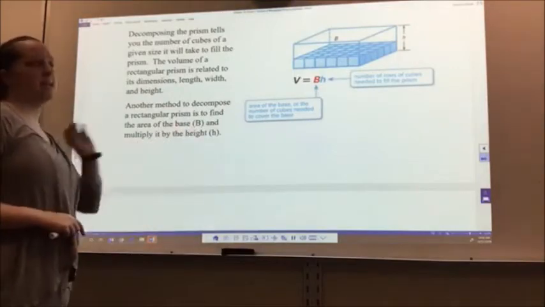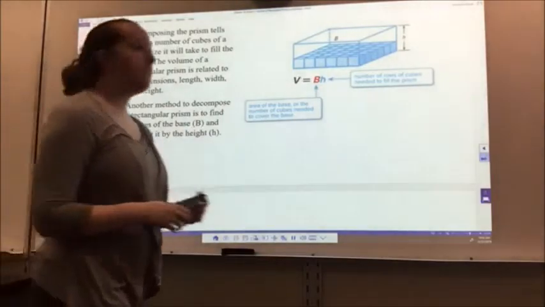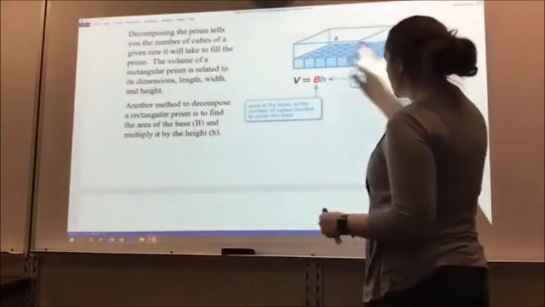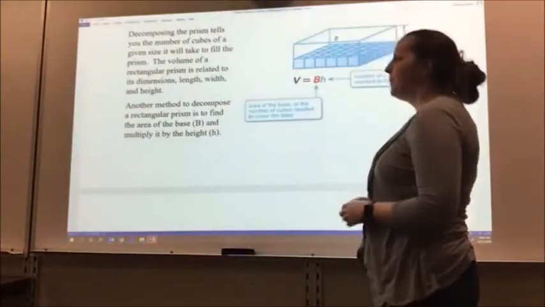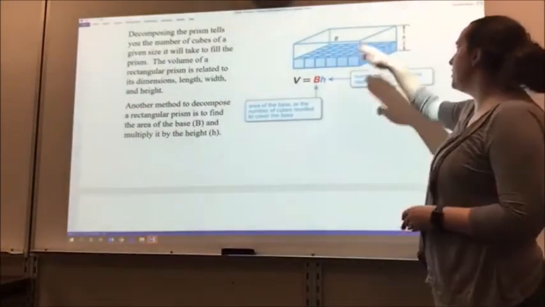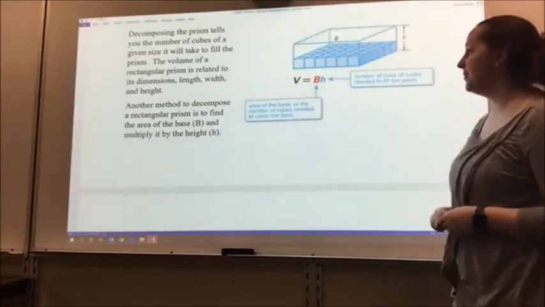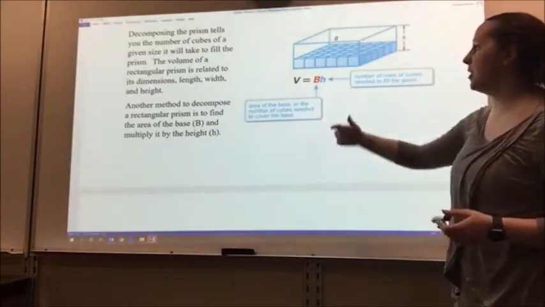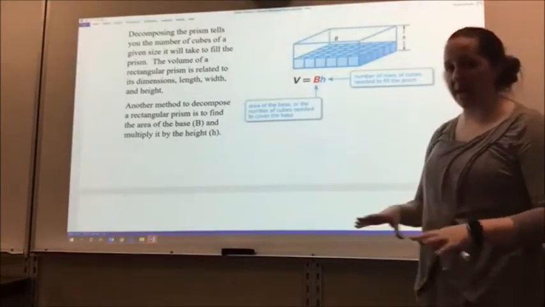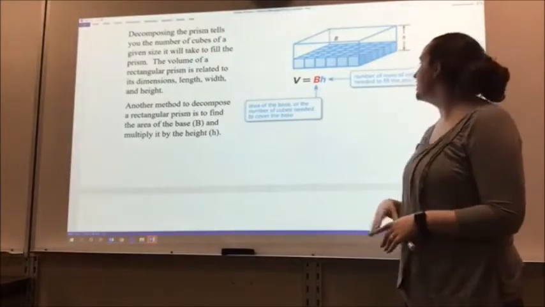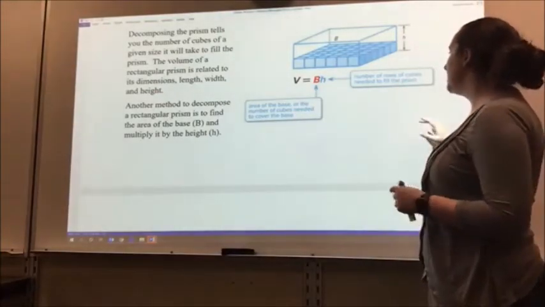Notice it's a big B, not the little b. So the area of the base, which is this first layer of cubes, and multiply it by its height, which would give you every other layer as well. So the area of the base, or the number of cubes needed to cover the base, the bottom layer. Okay, and then the number of rows is the height.